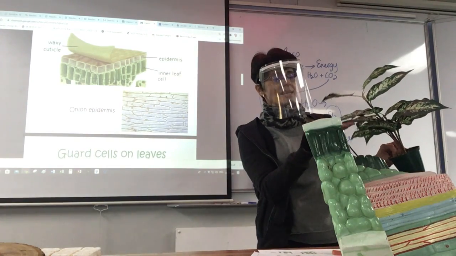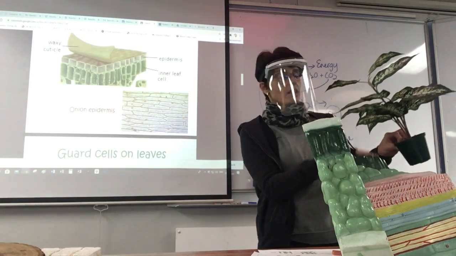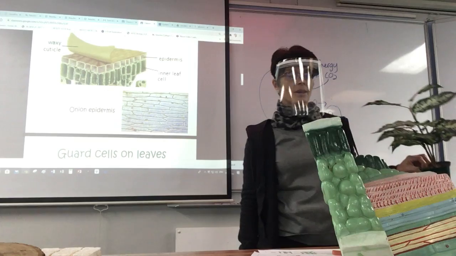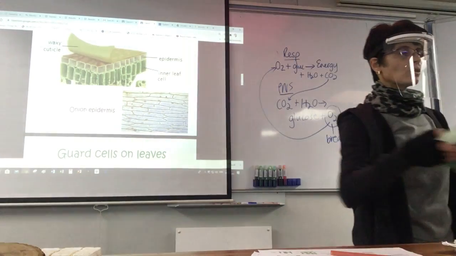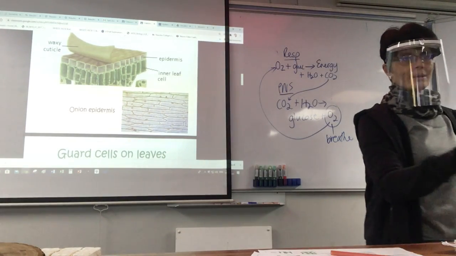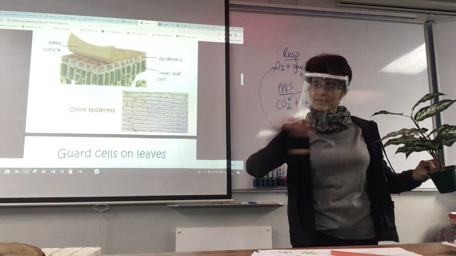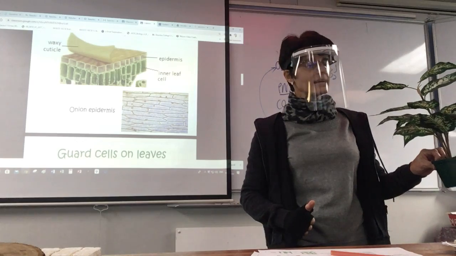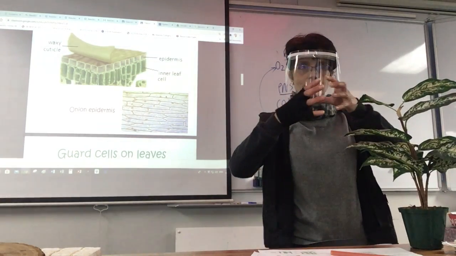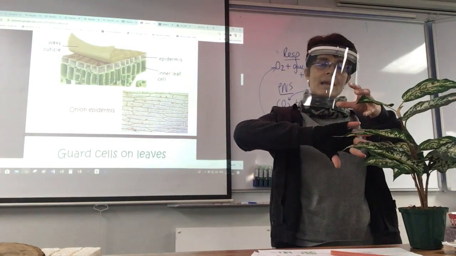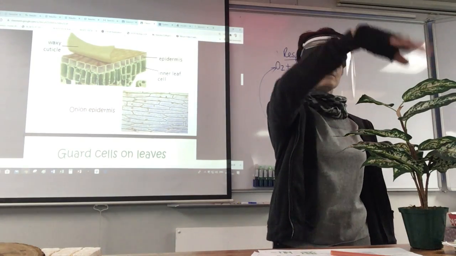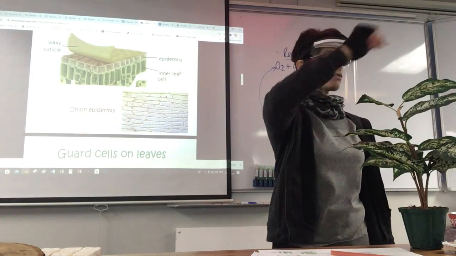So generally there are more guard cells on the lower surfaces of leaves. When he talks about monocot and dicot, not all of them have it, but generally the lower surface is where you find more guard cells, because then when they open, transpiration can occur and the plant won't wilt too quickly. If the guard cells are on the top, there's a lot of sunlight and too much transpiration.